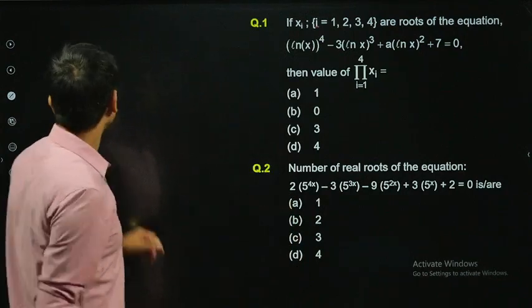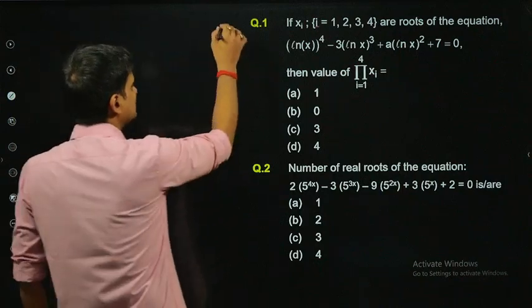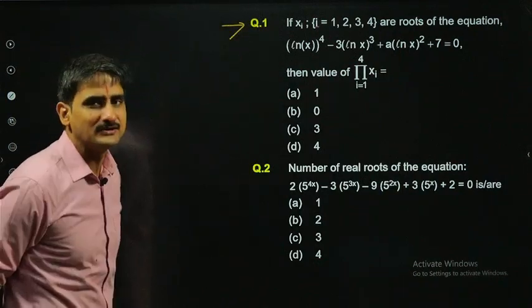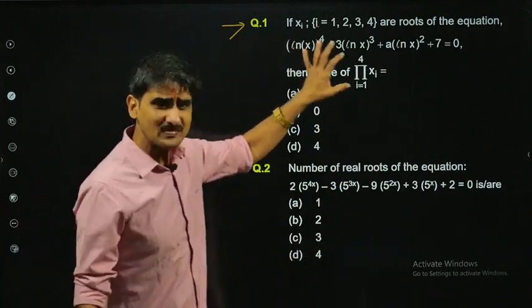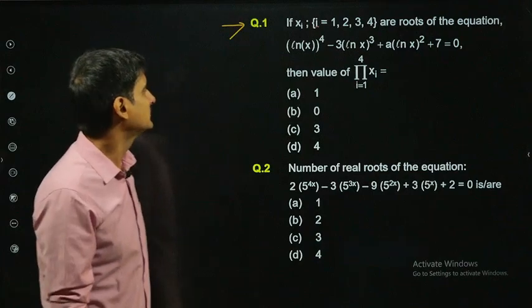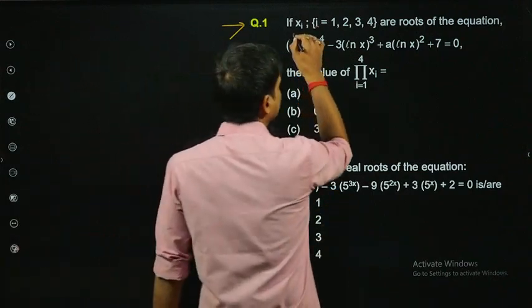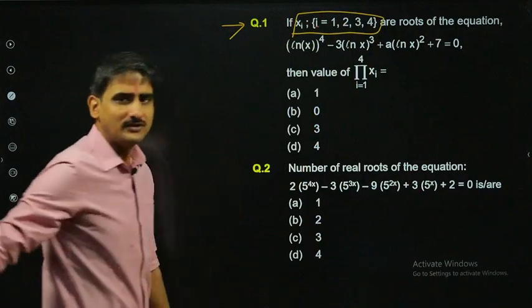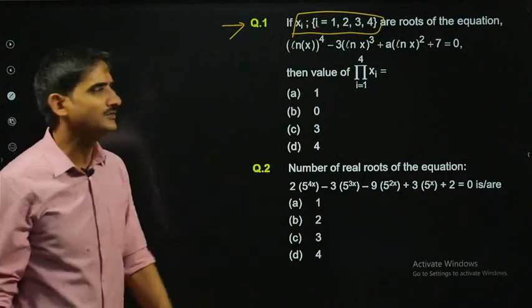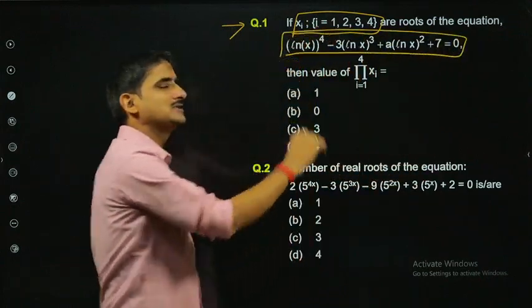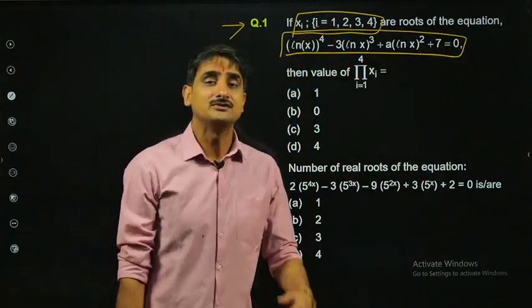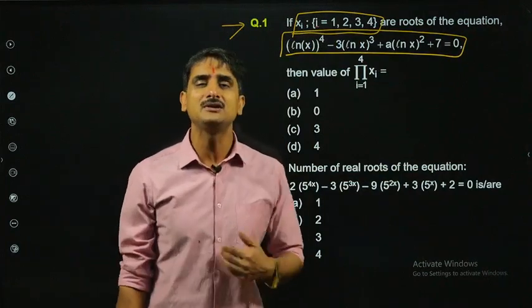Okay, let's start. That's the first question, and the question for today which you all would have got as a post. So the question says xi, where i is from 1, 2, 3, 4, that means x1, x2, x3, x4 are the roots of this equation. So which equation is it? Though it's a 4-degree equation, is it a polynomial equation?